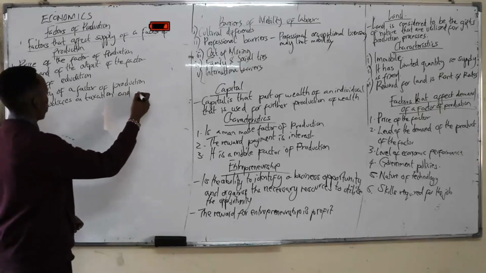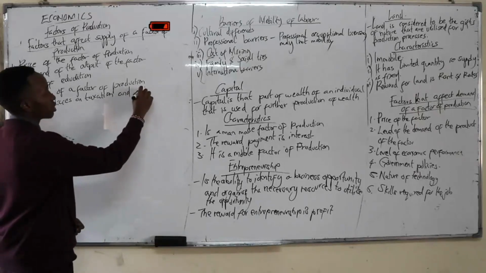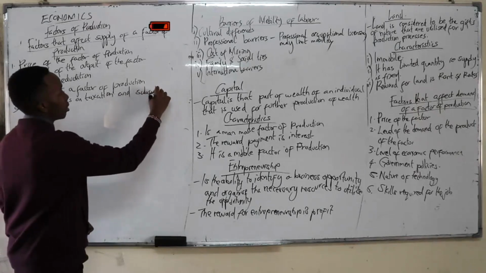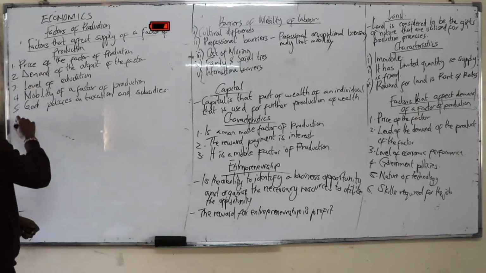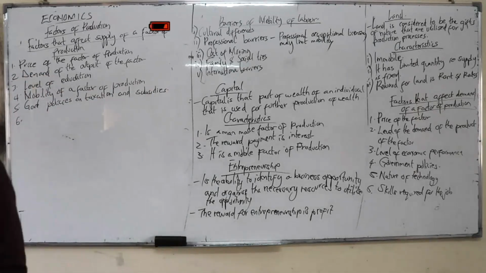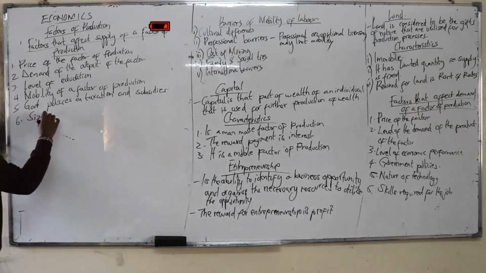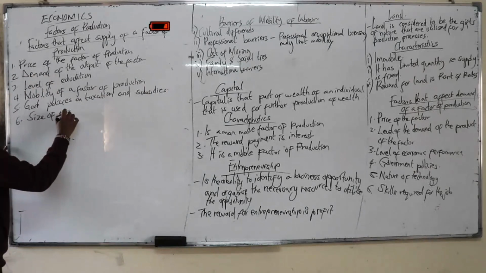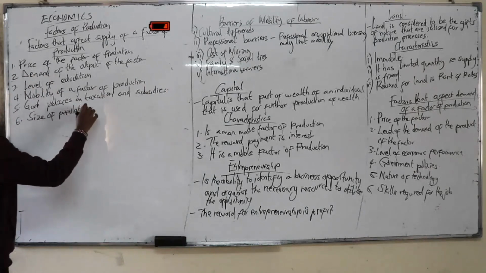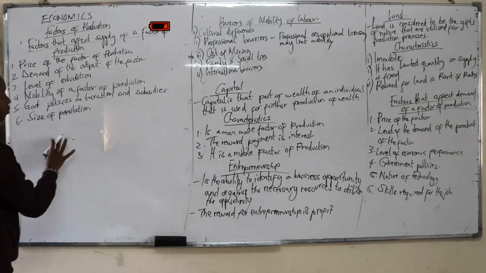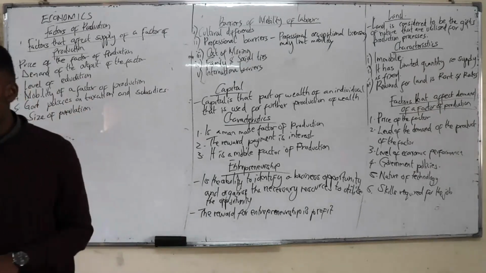So policies on taxation and even subsidies. And then also the size of the population. People are more inclined to have a high supply of labor in an area that has many people.